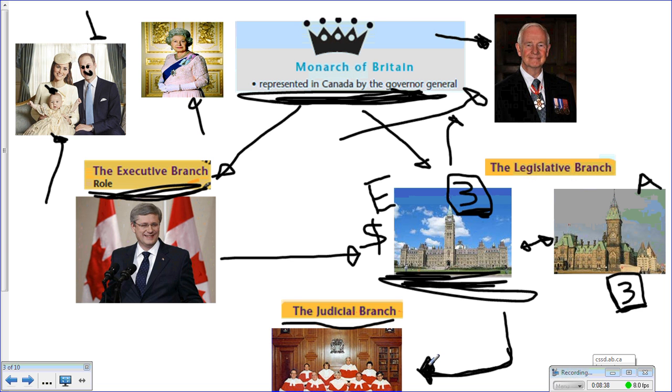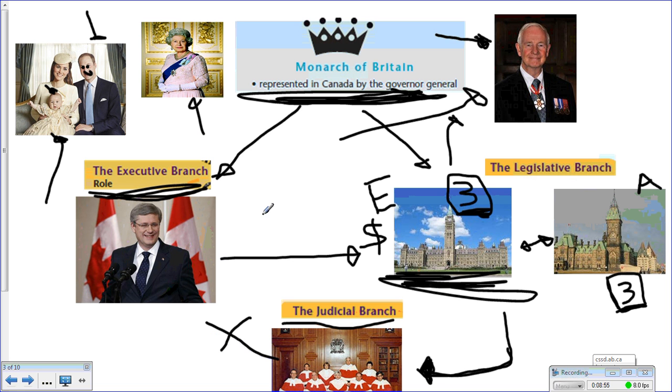So they get charged and they go through the legal system, all the way up to the judicial branch. The judicial branch says, because of free speech, you're not allowed to make that law. They come back and they say that is no longer a law in Canada.